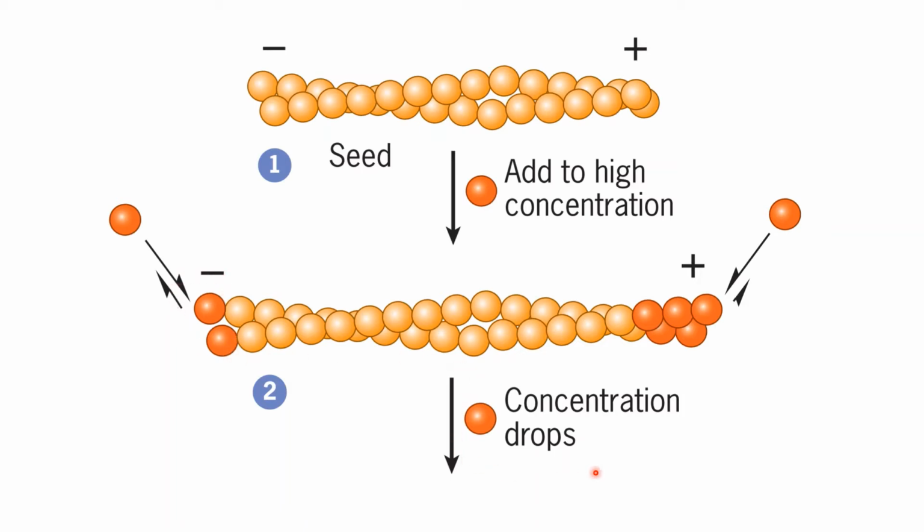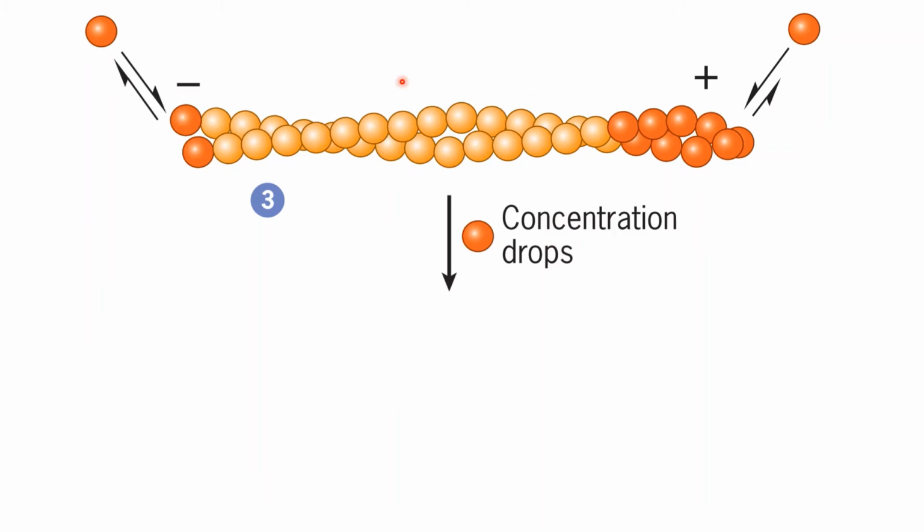As the concentration of actin monomers decreases in the Petri plate, the depolymerization rate at the minus end equals its polymerization rate, meaning there is no obvious growth there. However, at the plus end, the polymerization rate continues to be faster than the depolymerization rate, so it still grows.